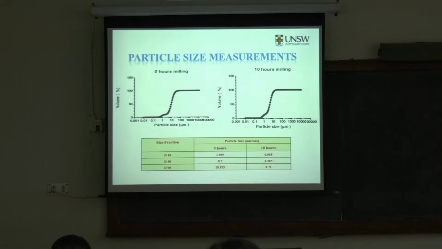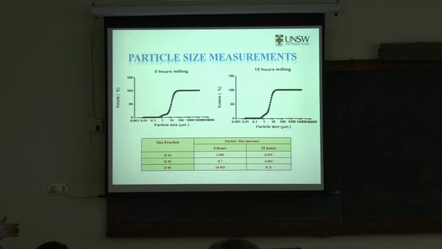So at 0 hours of ball milling, the particle size starts from about 1 micron, and the maximum goes to about 100 microns. This is on a logarithmic scale. When you go up to 10 hours, you get particles of about 0.5 micron, and the largest is about 10 to 20 microns.